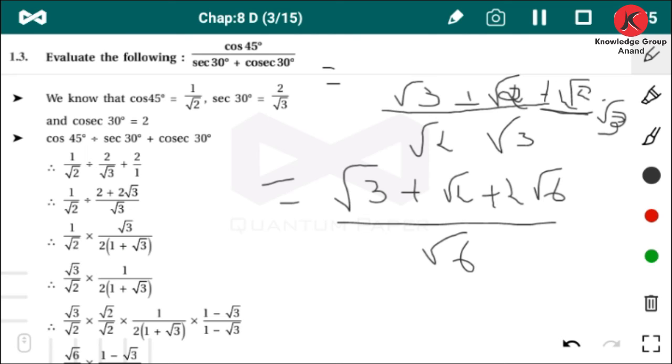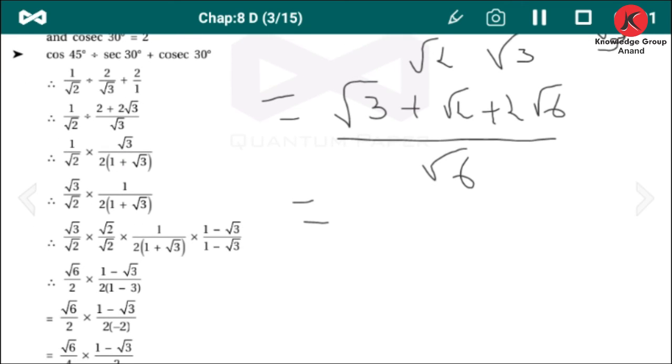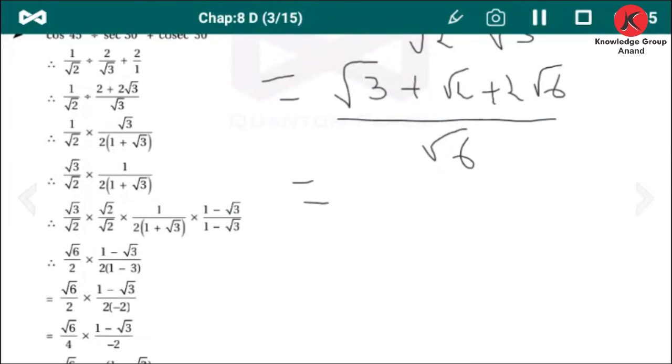Now to simplify, we rationalize the denominator. The denominator is root 6.